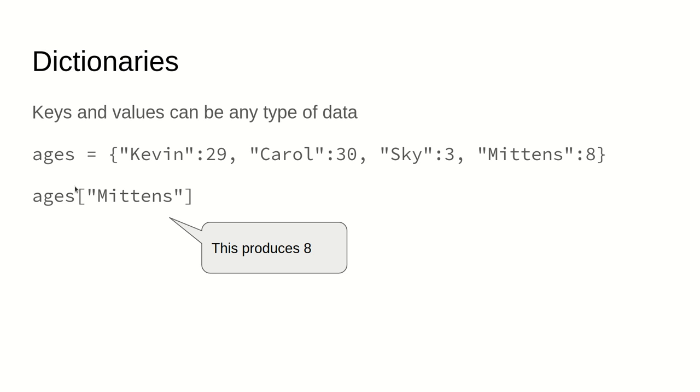It's a key, and it needs to be one of the keys from the dictionary that exists right now. So here we've got a dictionary that matches names to ages. And this one gives us 8 because that's the value matched with the key mittens in our dictionary there.